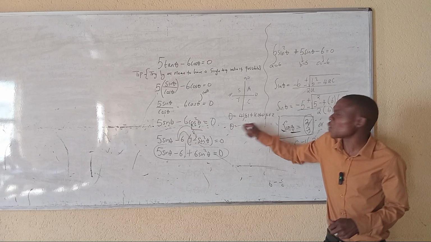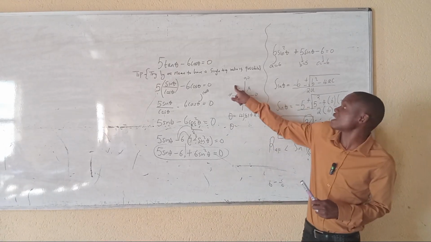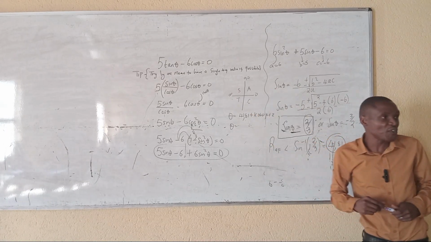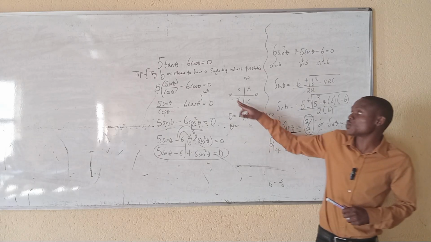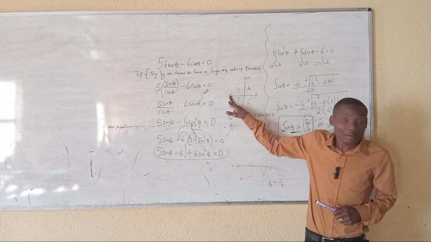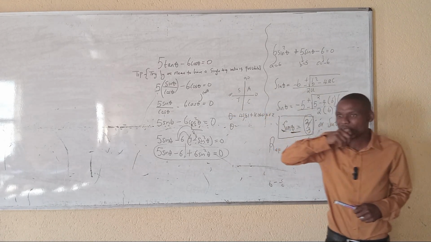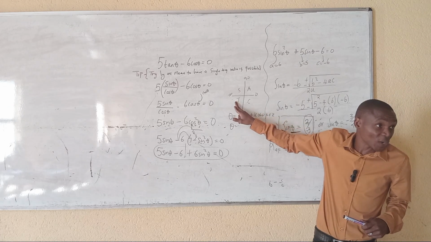Theta equals another angle that is in the second quadrant. How do you find the angle in the second quadrant? You say 180 minus the reference angle. If you add, you'll come to the first quadrant. Don't add.